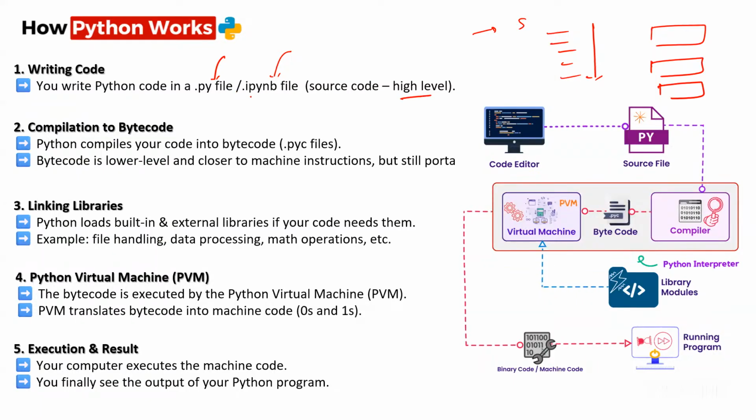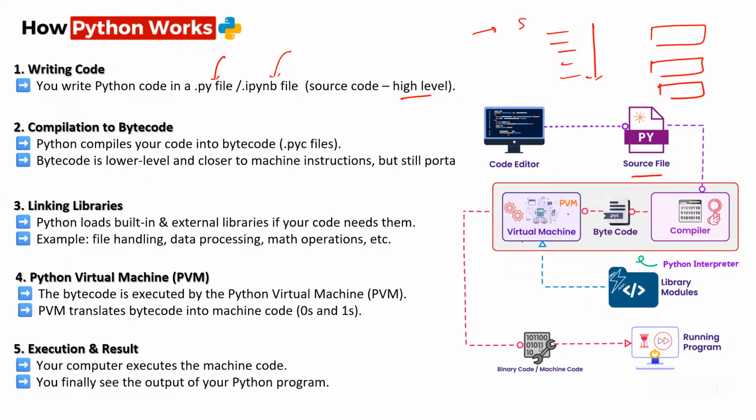Once you execute that language, it will convert the source file. There will be a compiler. That compiler will convert it into bytecode. Bytecode is closer to machine language, still portable, still understandable, but there will be something called a virtual machine inside your Python.